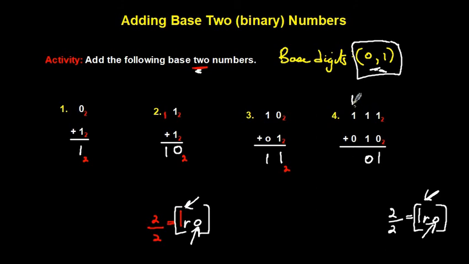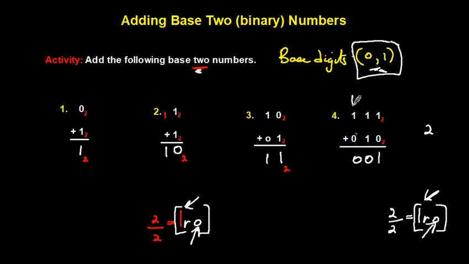And in this case again, 1 plus 1, that is 2, right? So we have the same case here. If we carry out the 2 divided by 2, we'll have 1 remainder 0. So we put our 0.